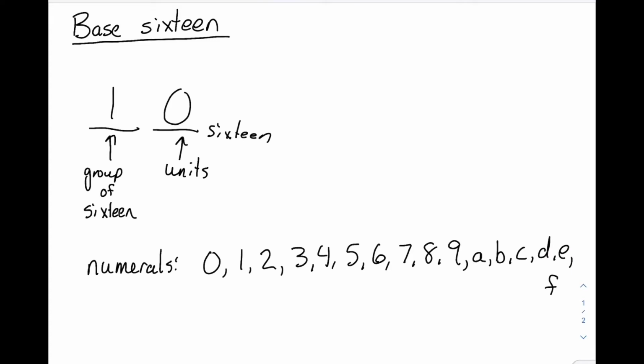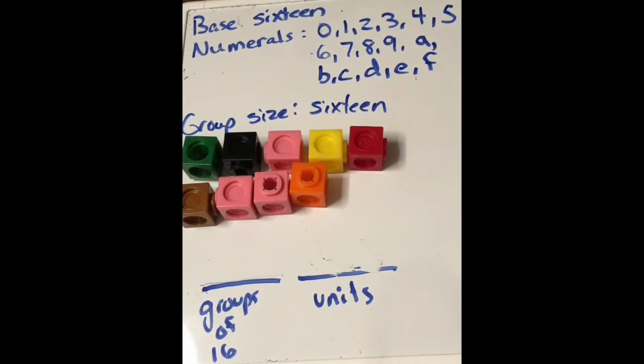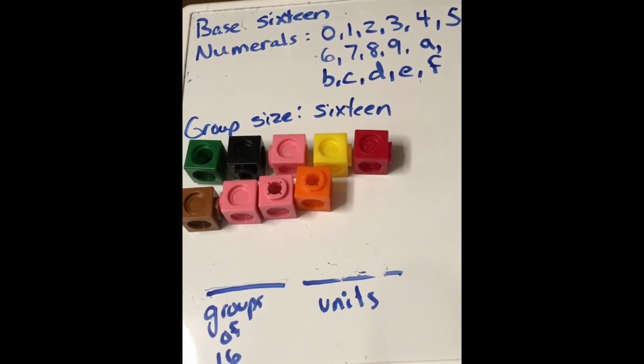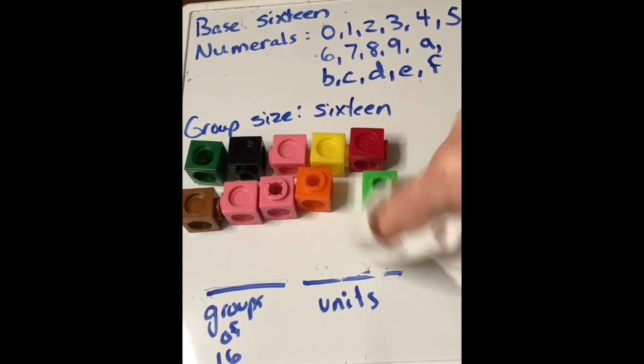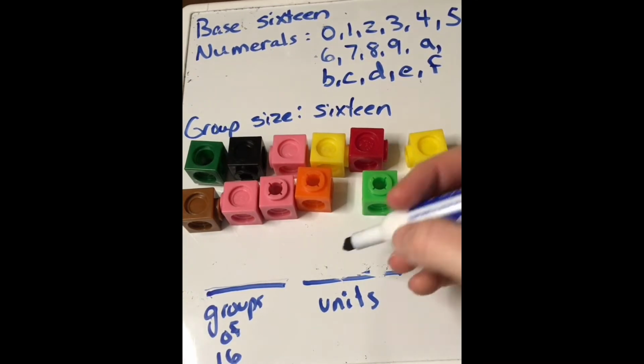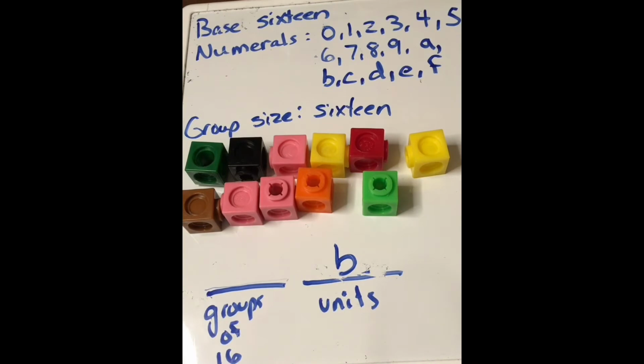Let's see what this looks like with unifix cubes. Let's start with 9 objects. When we add one more object, again, we're going to have to write down the letter A when we're working in base 16. When we think about place value, the location of the numeral indicates its value.